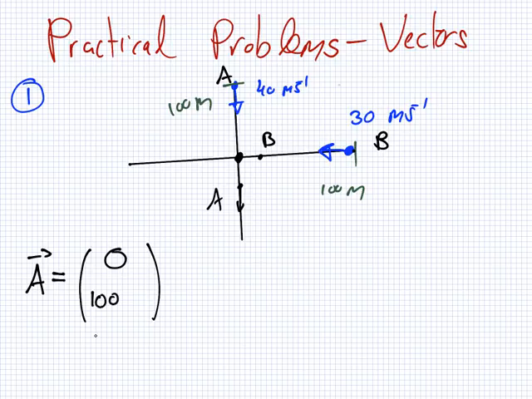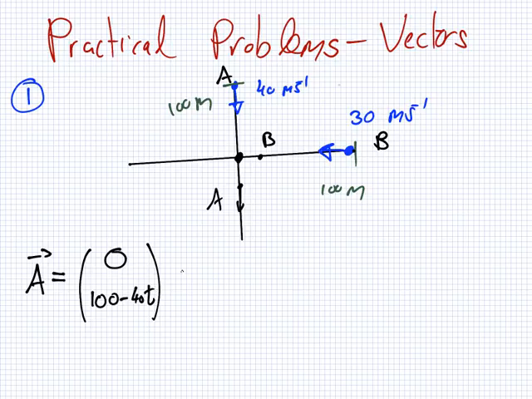1 second later, where is it? 0 and 60, because it travelled 40 meters. 2 seconds later, where is it? 20. So A is at 100 minus 40t. Each second it loses 40.